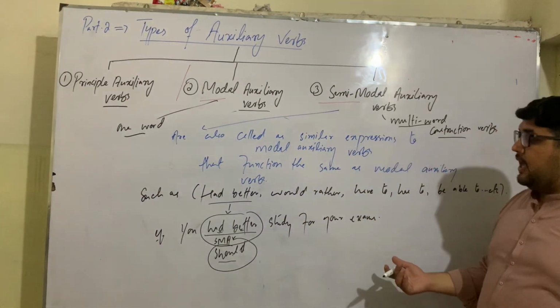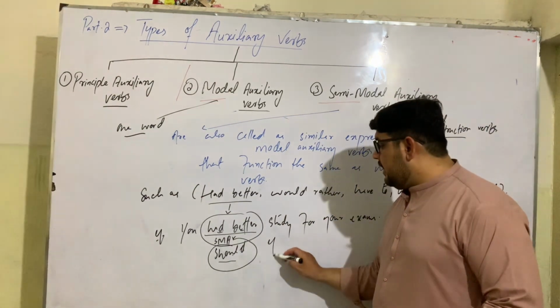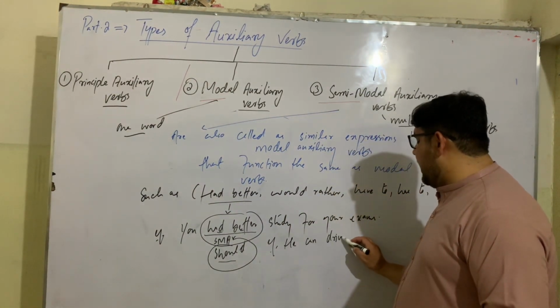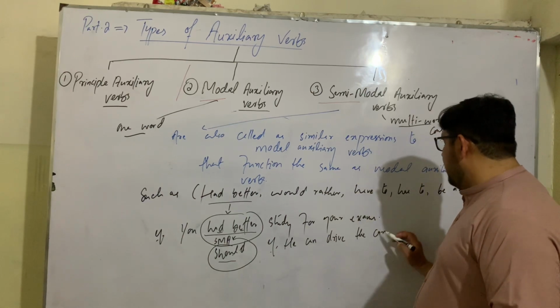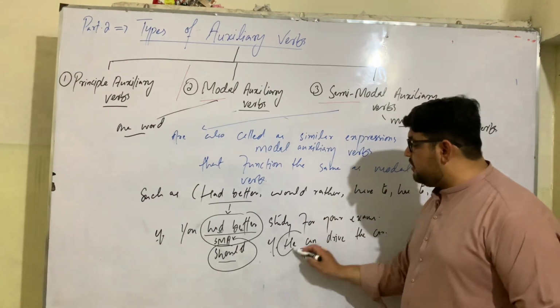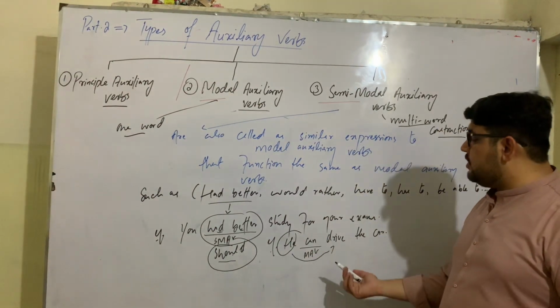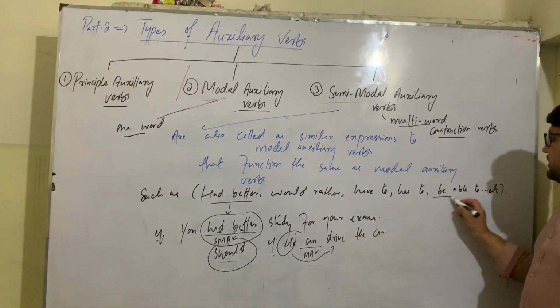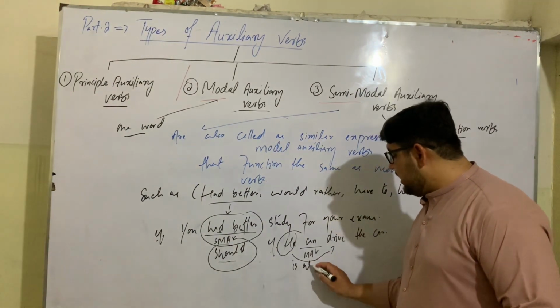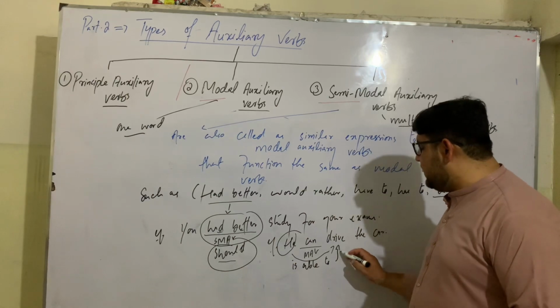Another example, like the way we say, he can drive the car. So here can is a modal auxiliary verb. It shows someone's ability to do an action. We can use instead of can, be able to, which is a similar expression to modal auxiliary verbs. He is able to drive the car.